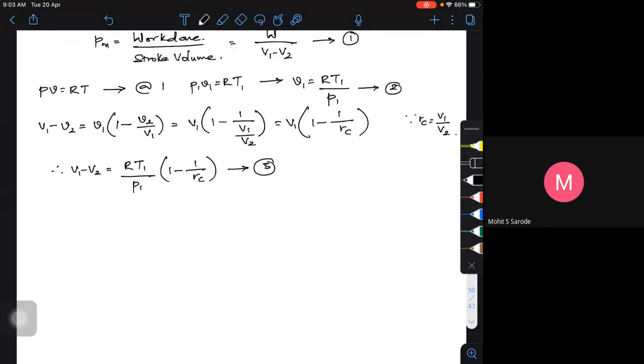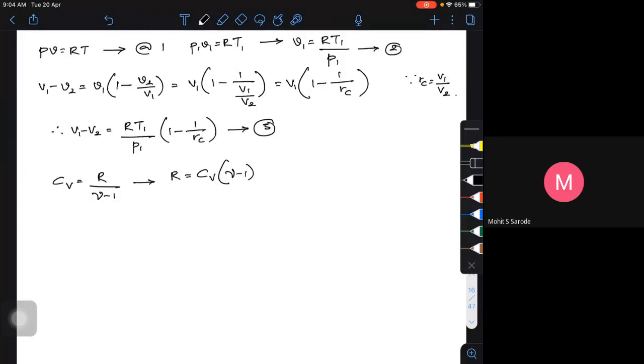Now, what is Cv? We know that Cv is equal to R by gamma minus 1, or I can write R is equal to Cv into gamma minus 1. Substitute this R in equation 3.